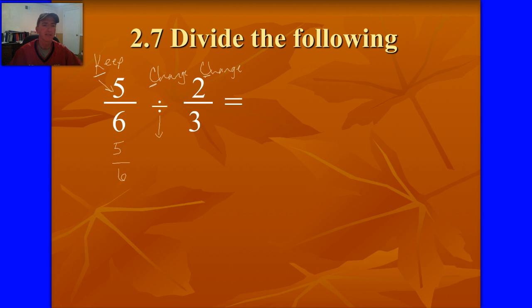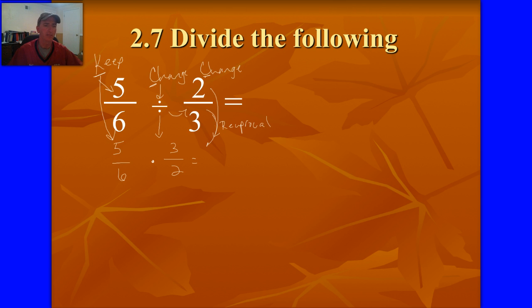What we do is we take this right here and we change that from division to multiplication. And then 2/3, we take the reciprocal of that. Reciprocal of the number that follows the division sign, you take its reciprocal, 3/2. Okay, so keep the first number, change this to multiply, change this to its reciprocal.